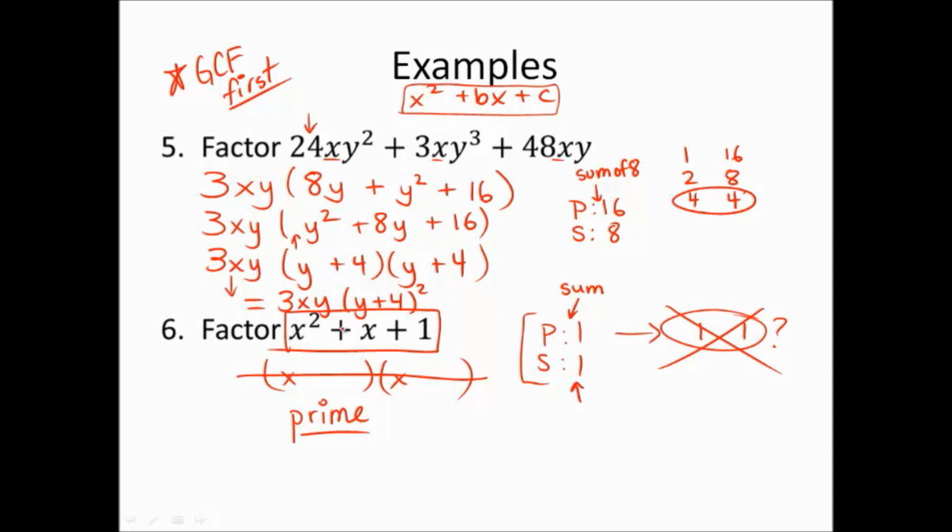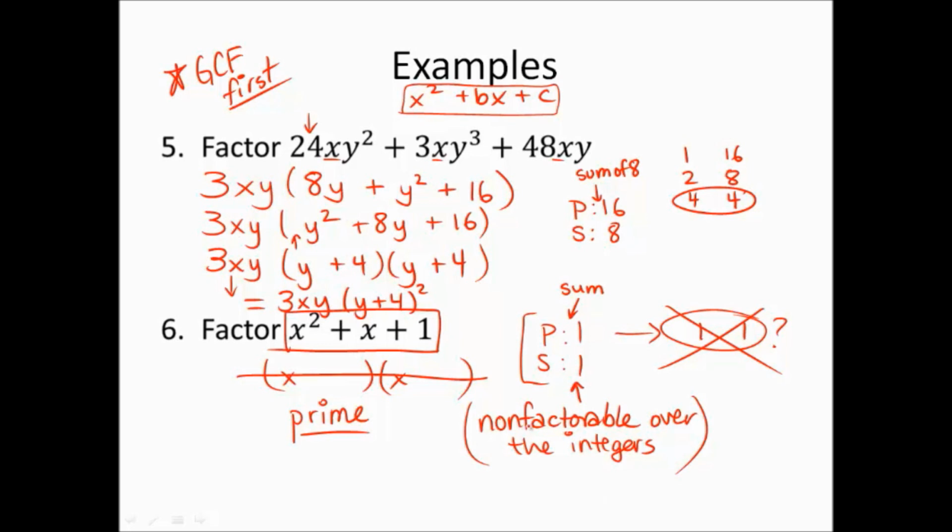Although if you had a greatest common factor on this, you could take that out and that would be considered factoring it. You just couldn't factor this component further. So this is actually non-factorable over the integers. So both of those answers would be fine.